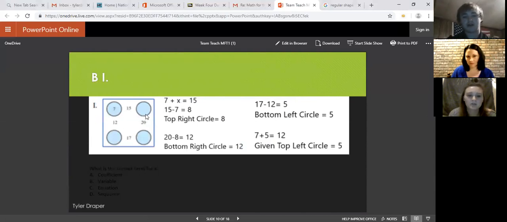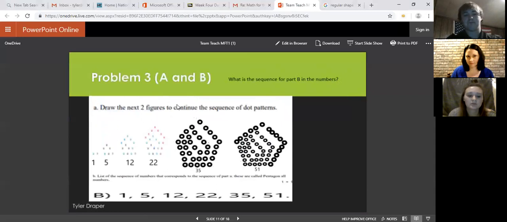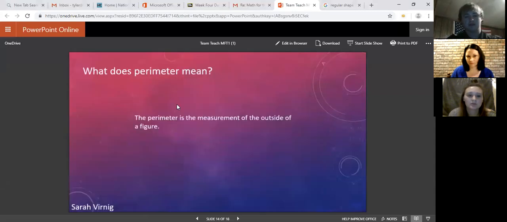X holds the value for the top right circle in this equation. So we see that 7 plus whatever is in this blue circle will equal 15. So that's what a variable does. A variable holds the place of a value in an equation so we can determine the input and the output.